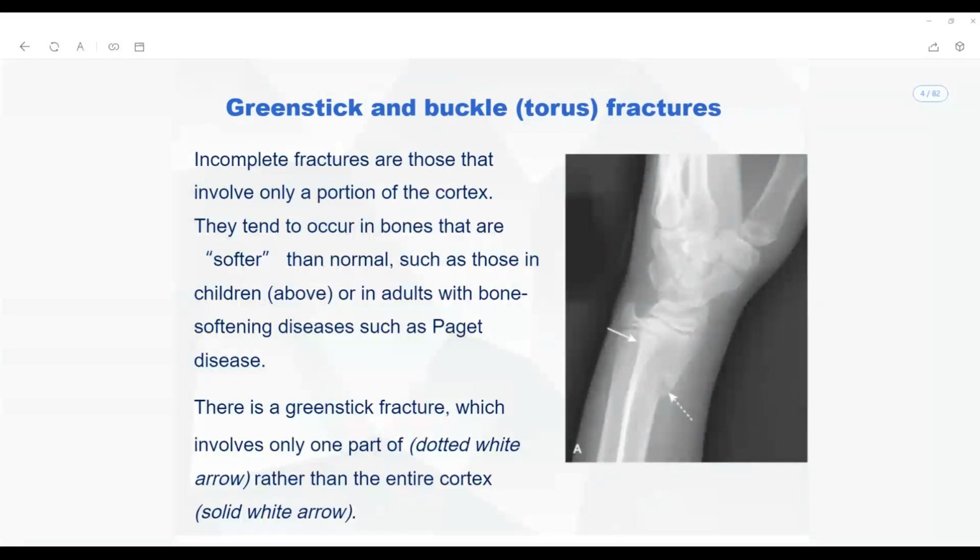It doesn't matter whether you are looking at a joint or a bone, always compare it to the previous films. You need not ask about history here. Your film is your history. All right, so look at the previous films whenever necessary. Is this point clear? Rule number 5 completed.